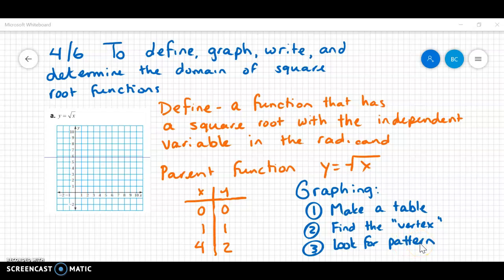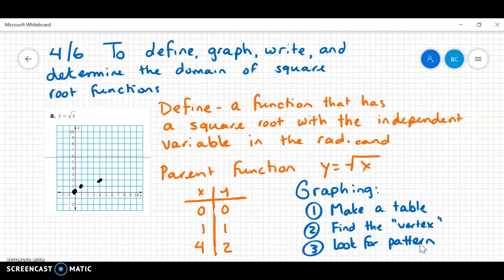Again, I'm hoping for this graph that you just made a basic table, and you have (0, 0), (1, 1), (4, 2). I don't want to use a value for x that's going to end up with some weird value for y.